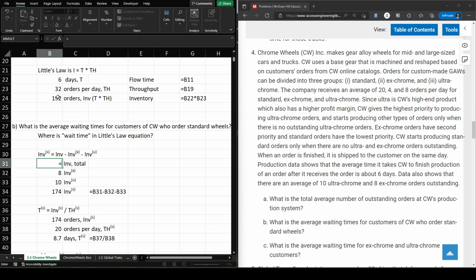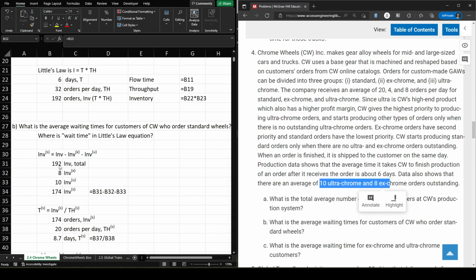In fact, let me go ahead and reference that here. And we subtract out the inventories for the X Chrome and the Ultra Chrome, which they gave us here, the 10 and the 8. So 8 is the inventory in the system for the X Chrome, 10 is the inventory in the system for the Ultra Chrome. That gives us an inventory of standard Chrome of 174.